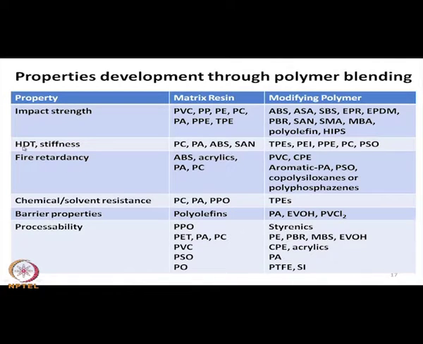Heat deflection temperature or stiffness. Now, this heat deflection temperature means the polymer should remain dimensionally stable at elevated temperature or in a thermal environment. It should not deflect during service. So, the heat deflection temperature for one particular application means that the polymer should maintain its dimension at that elevated temperature.